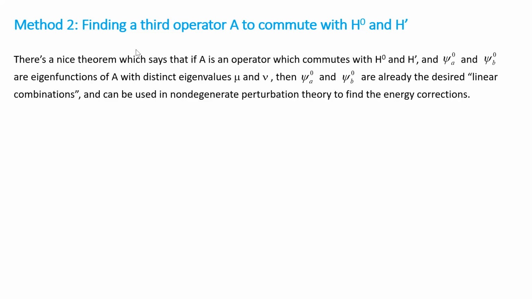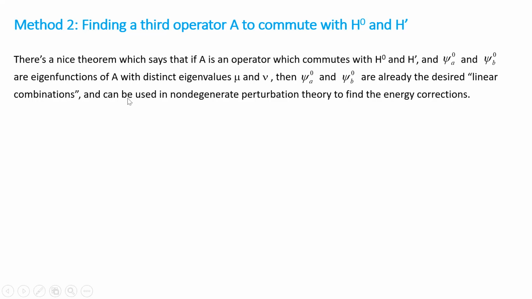There's a really nice theorem which says that if A is an operator which commutes with both H0 and H prime, and these two states, psi A0 and psi B0, are eigenfunctions of A as well as being eigenfunctions of H0 and H prime, with distinct eigenvalues mu and nu, then psi A0 and psi B0 are in fact the desired linear combinations.